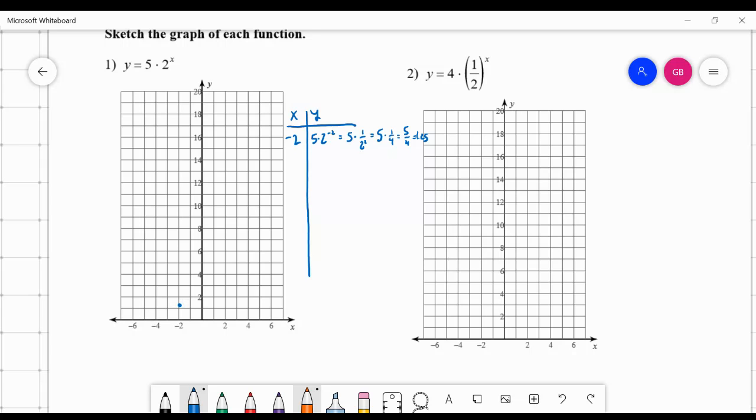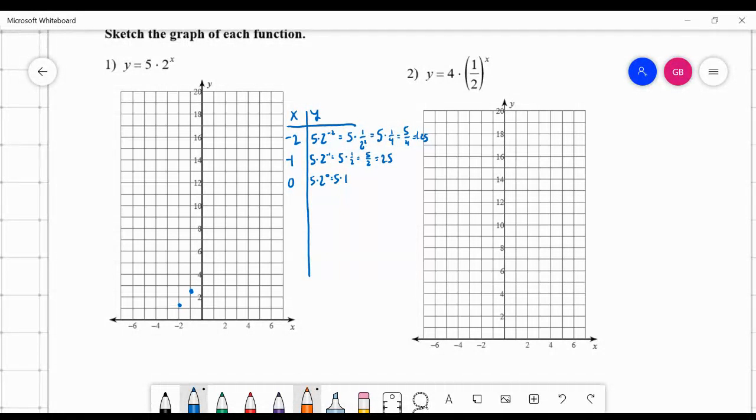Okay. When x is -1, it's 5 times 1 over 2, which is 5 over 2, which is 2.5. So -1 up to 2.5. Okay. When x is 0, 5 times 2 to the 0 power, that's 5 times 1.